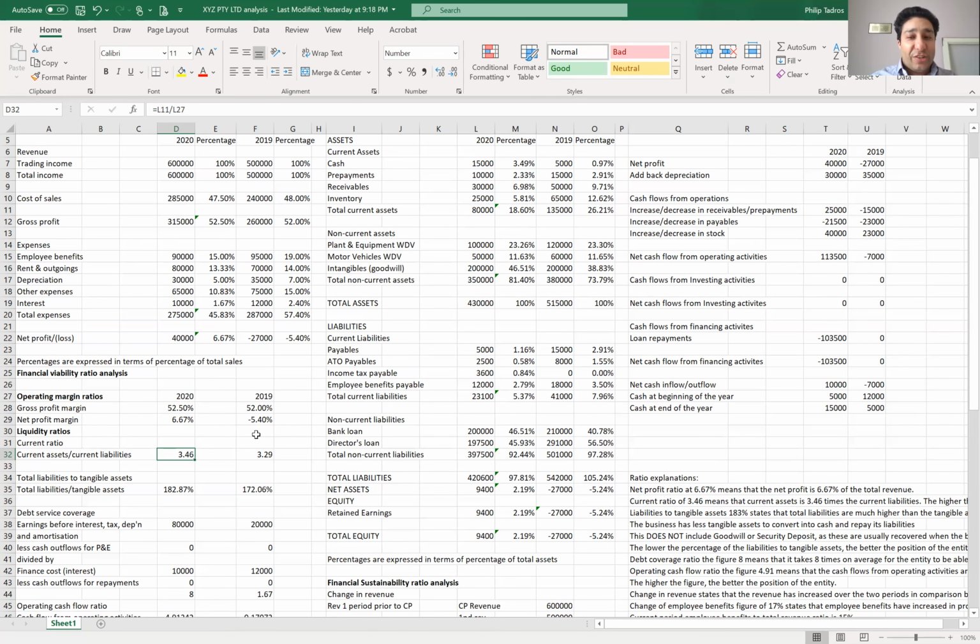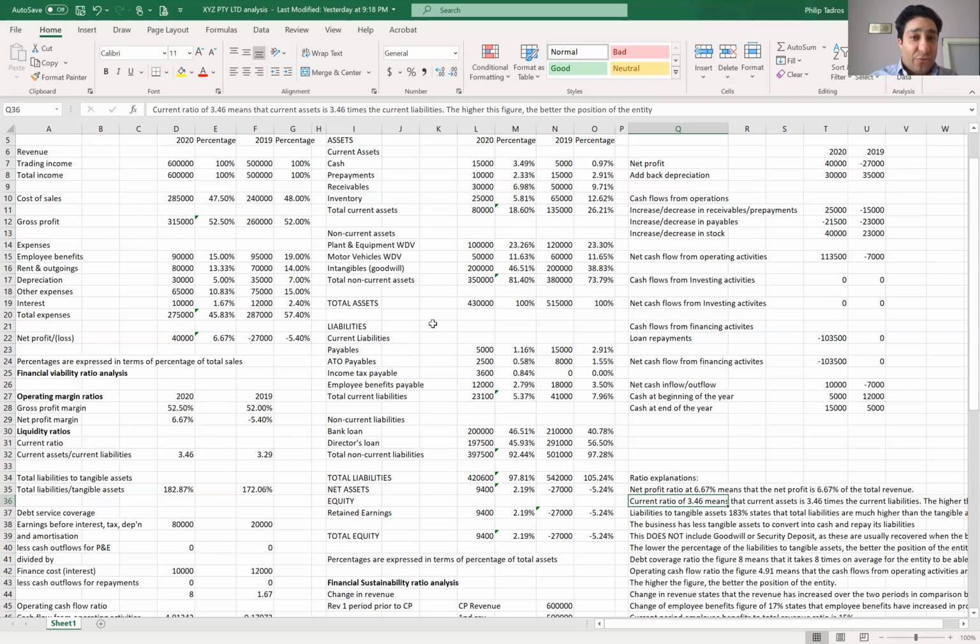Again, we can look at the notes on the right side of the screen. This tells us that the current assets are almost 3.5 times the current liabilities, which means by using this type of analysis, the business is able to sufficiently meet its current obligations.